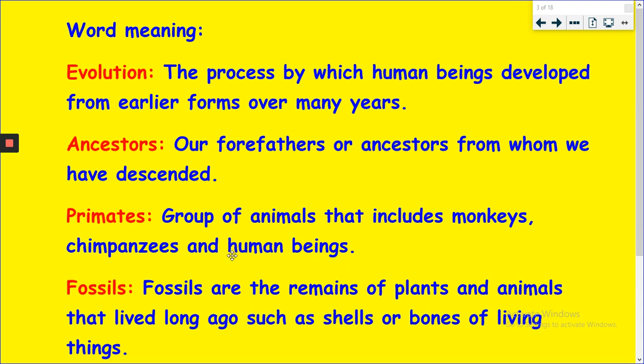Scientists believe that we human beings evolved from apes. Apes are like monkeys or chimpanzees. I have a doubt, ma'am. Now humans are not evolving from apes, so how did they do that before? Actually, it's not true, according to us. If we believe in God, we believe that God created humans, Adam and Eve.